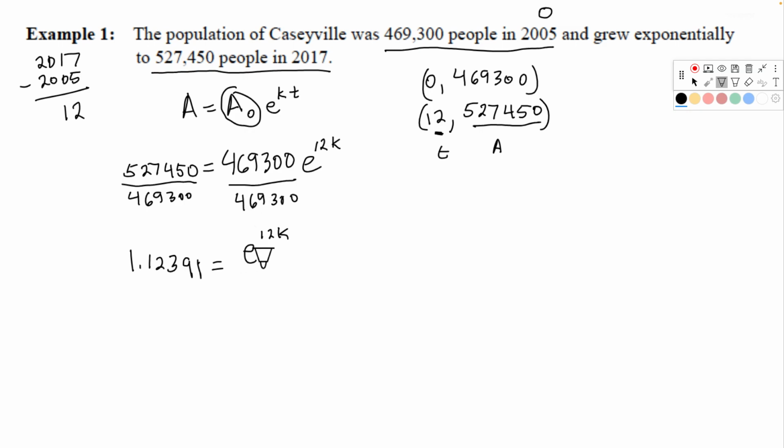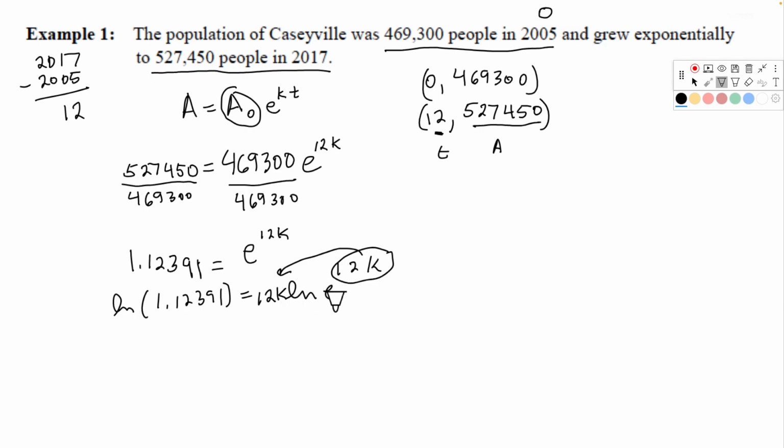Now take the natural log of both sides, right? So we're going to take the natural log of 1.12391, natural log of e to the 12k. When we take that natural log, what happens to the exponent? We can put it as multiplication in the front.